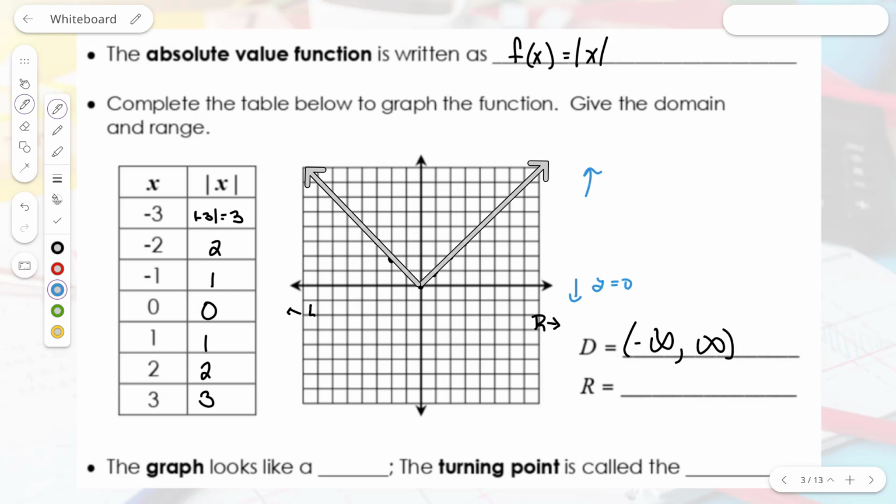My farthest up is an arrow. So it's from 0 to +infinity. The graph is going to look like a V or an upside down V, a mountain. The turning point is called the vertex.